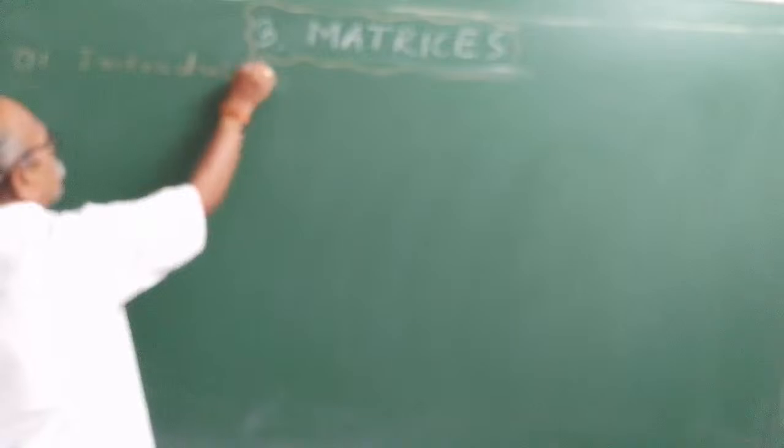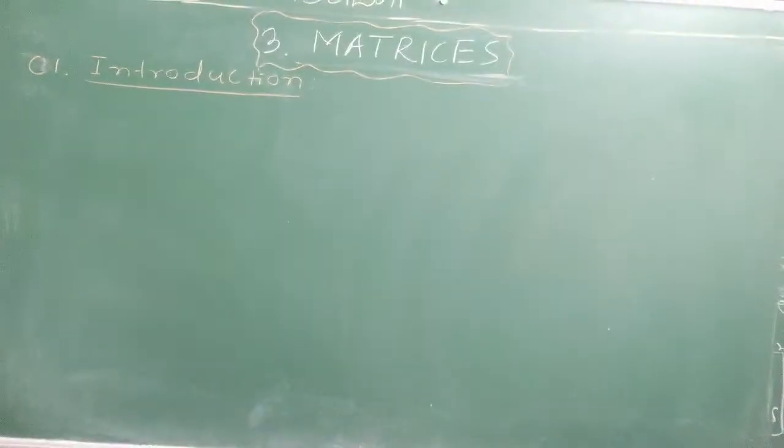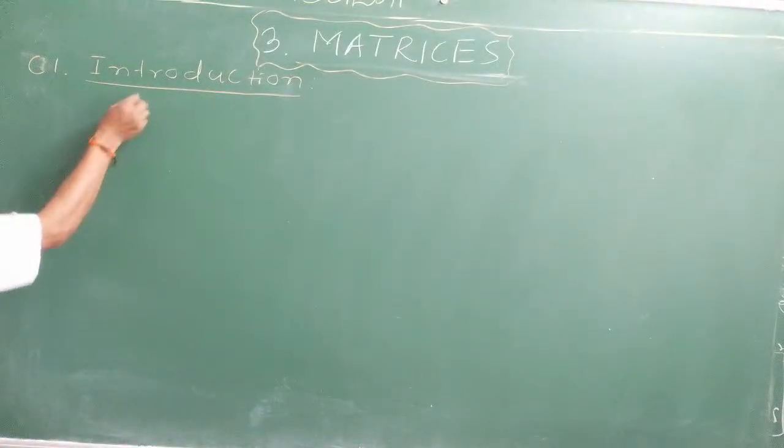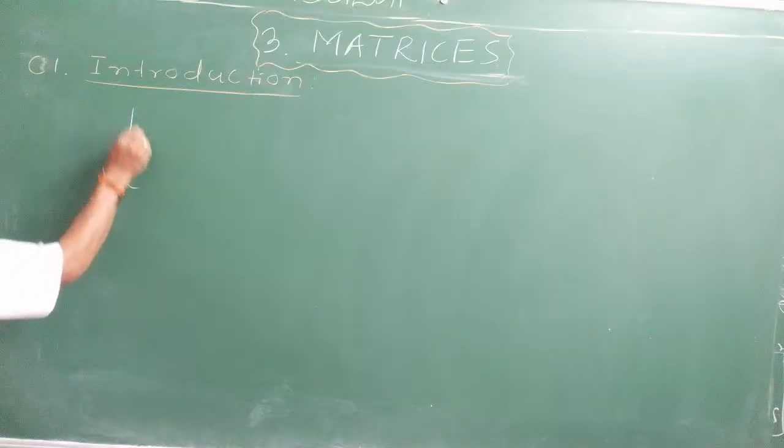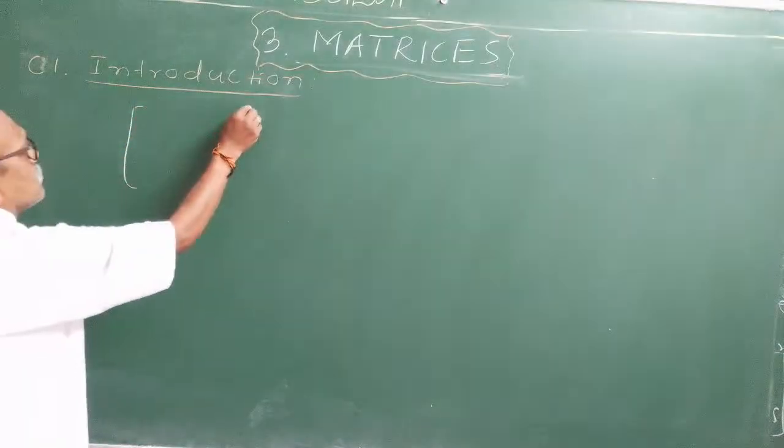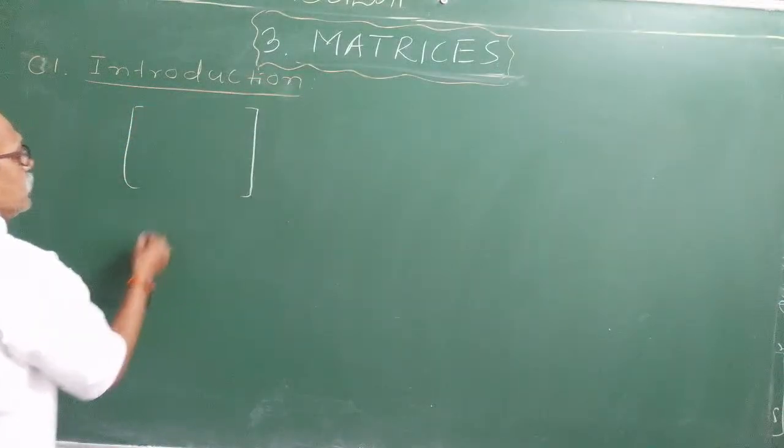First topic, introduction part of it. What do you mean by matrix? A matrix generally will contain horizontal rows and vertical columns enclosed in square brackets like this, right?